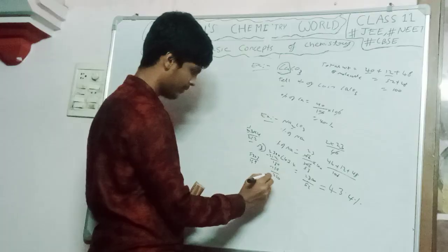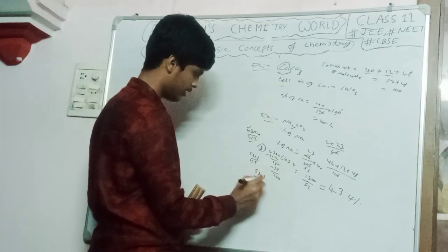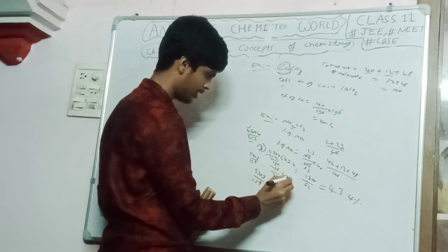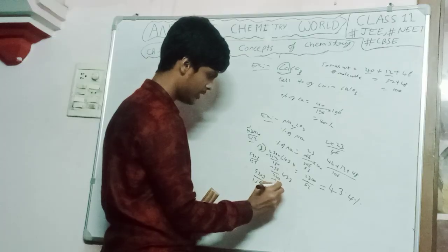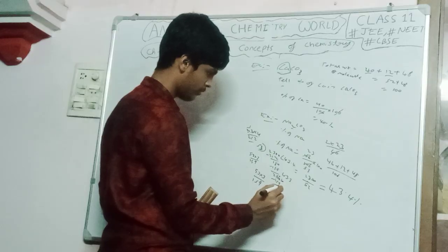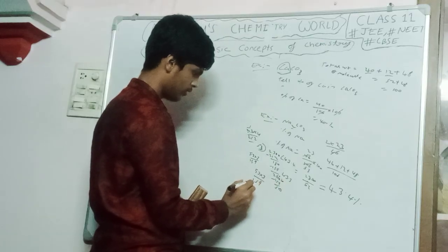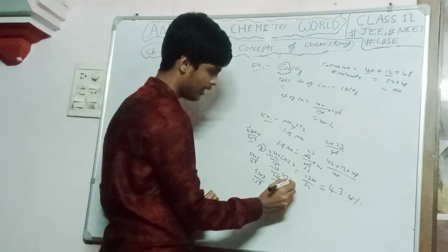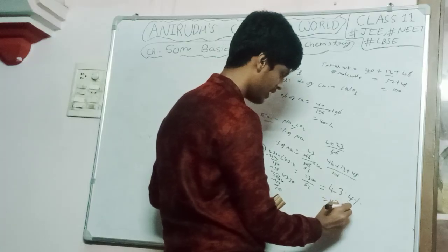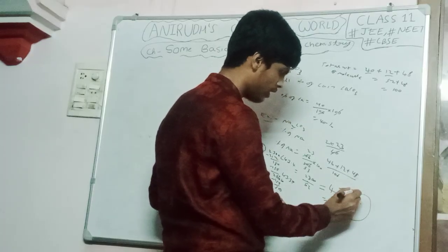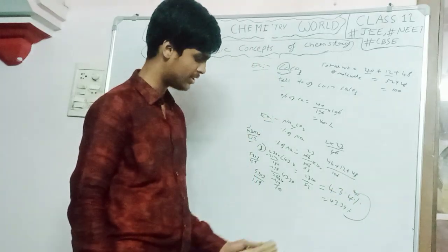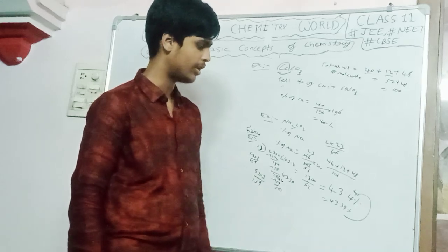If I tell you correctly, 53 into 3 is 159, so actually approximately 43.39. 43.39 is the correct answer. But if you want to round off in your board exam, you can write it as 43.4%. But in integer type questions in JEE Mains, you need to write it as 43.39.